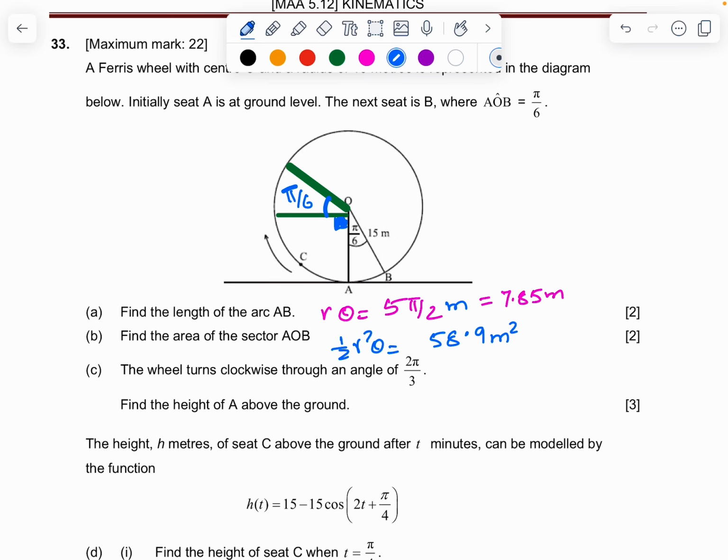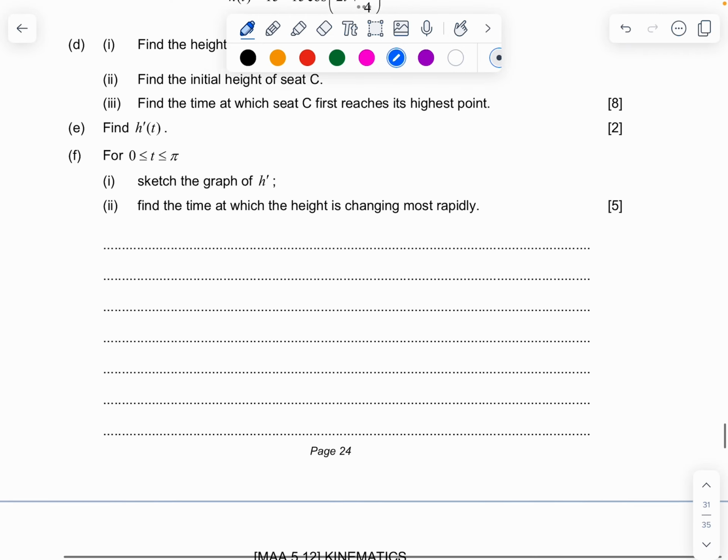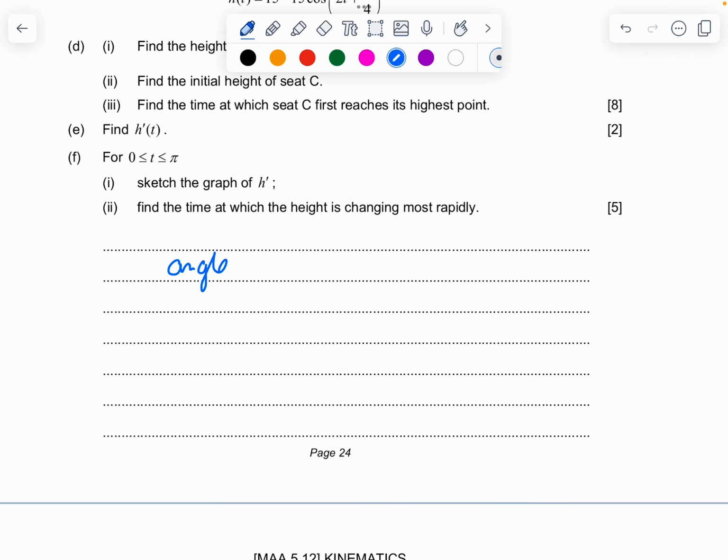So the 90 plus pi by 6 is nothing but what? 2 pi by 3. So angle is pi by 6, which is 30 degrees. So height is going to be 15 plus 15 sine pi by 6, which is going to be 22.5 meters.